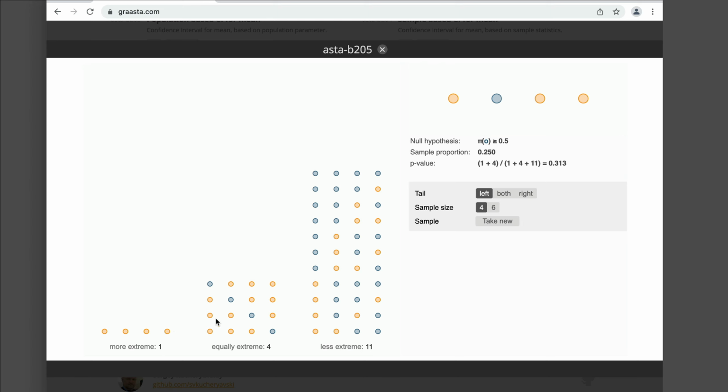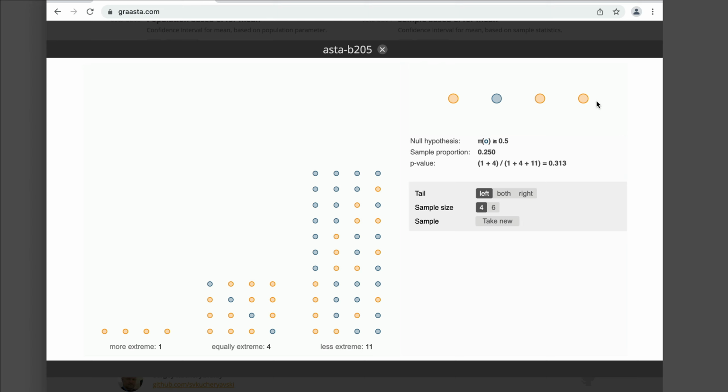So again, how do we compute the p-value? It's the chance to get a sample as extreme as mine, or more extreme, assuming that the null hypothesis is true. And that's the chance, right? So I have 4 outcomes as extreme as mine, 1 outcome even more extreme, and I have 16 outcomes in total. And that gives me a p-value of 31.3%, which tells me that if the null hypothesis is true, and if I repeat this experiment again, I have a 31.3% chance to observe one of these outcomes, or this outcome.